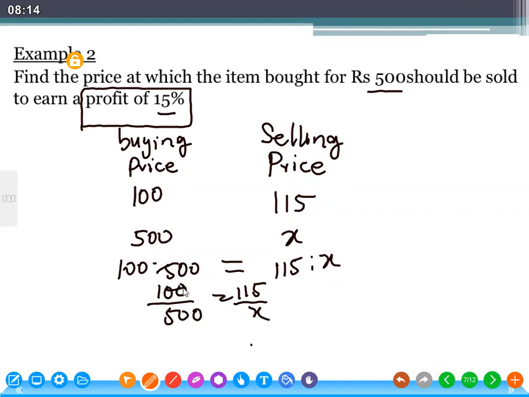So I'm going to simplify this one. Now I'm going to do the cross multiplication.